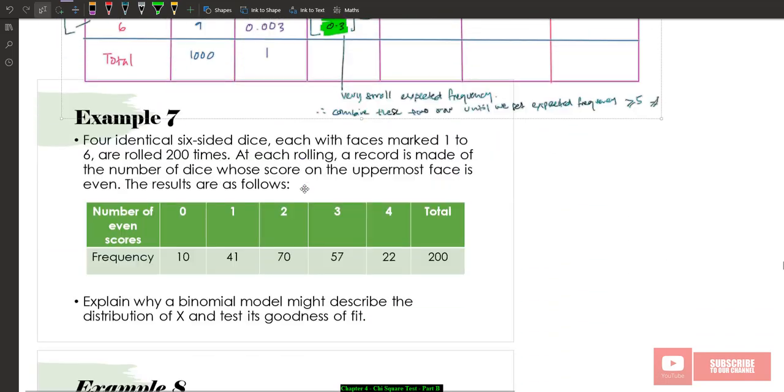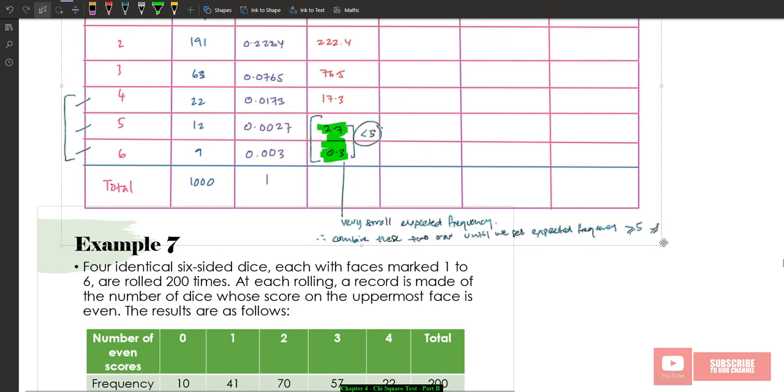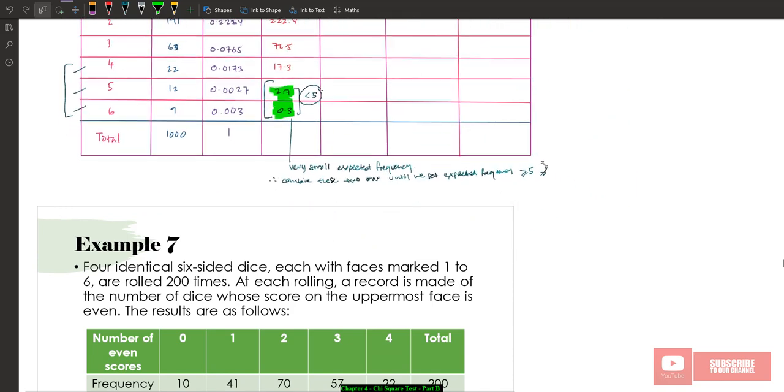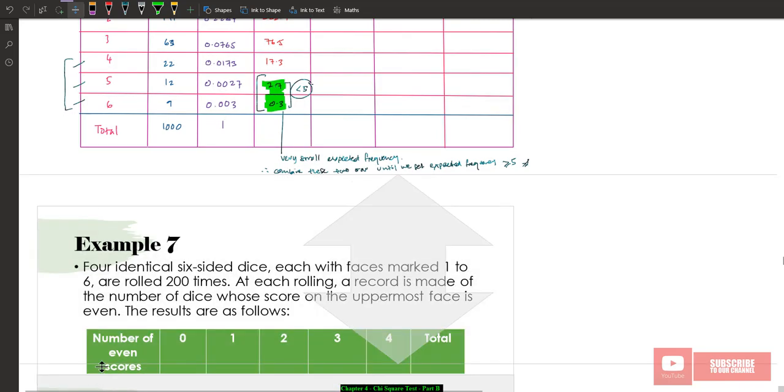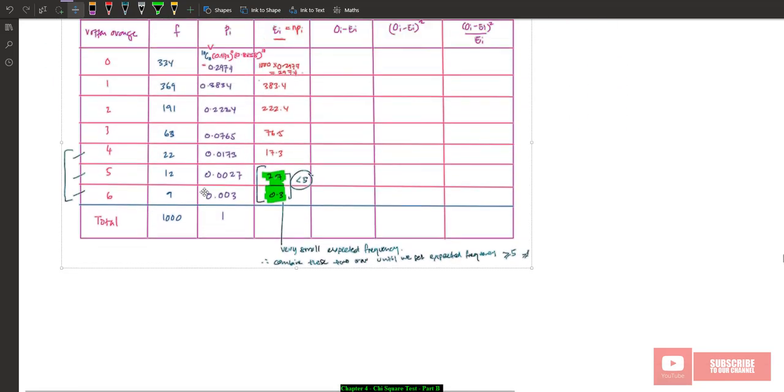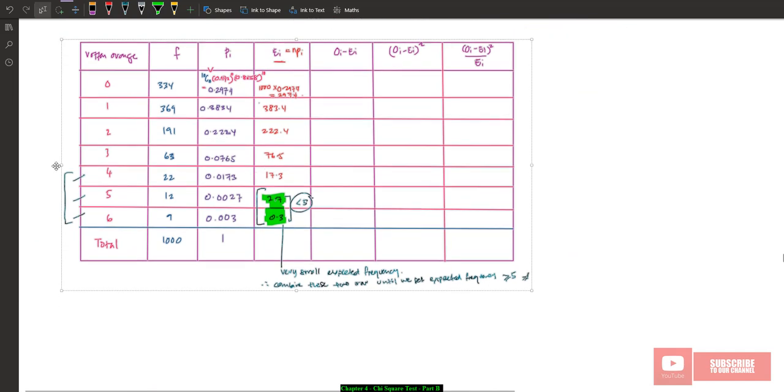So I just copy the same table. Now what I want to do is combine these two rows with table row number 5. So this is going to be 4 and above.